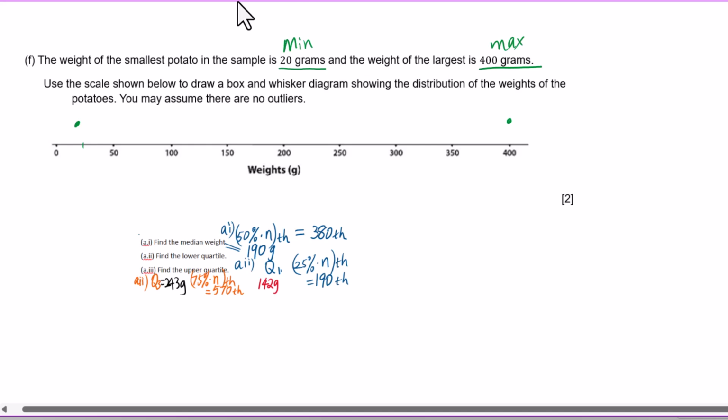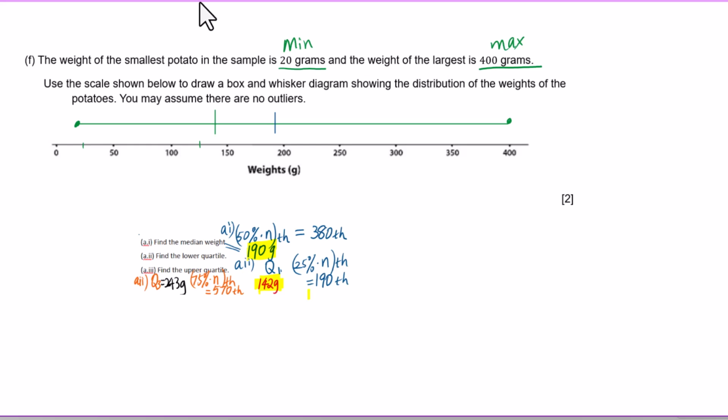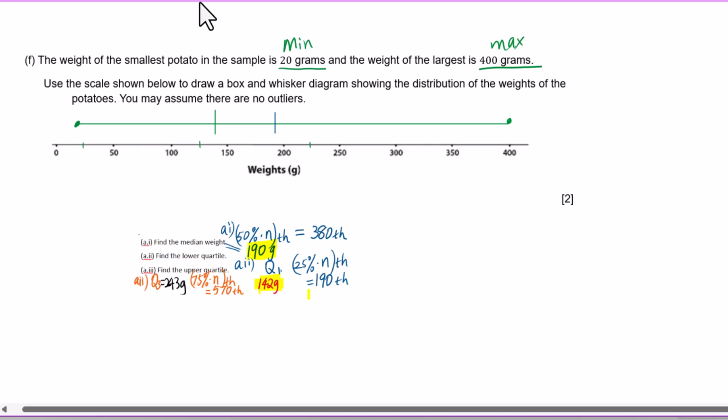We draw a line. 190 is the median weight, so estimate over here. Q1 is 142. In the middle, it's 125, so we just estimate this is 142. 243 is the third quartile. In the middle, it's 225, so just estimate over here.